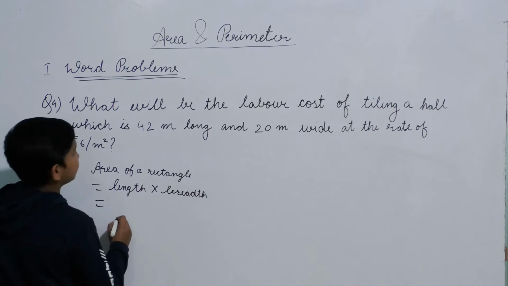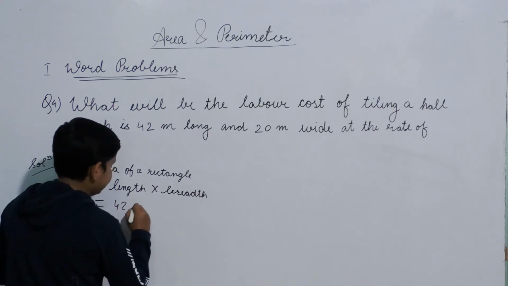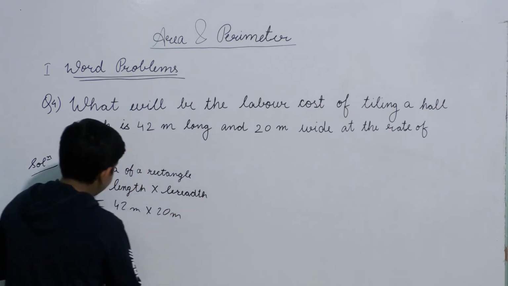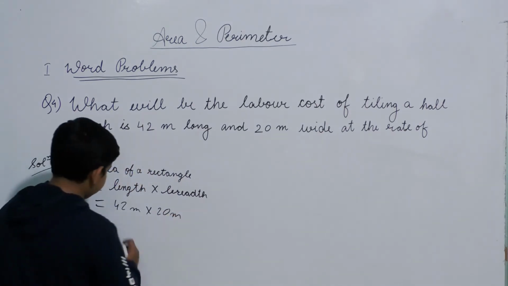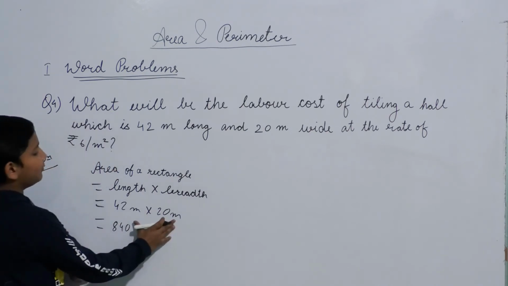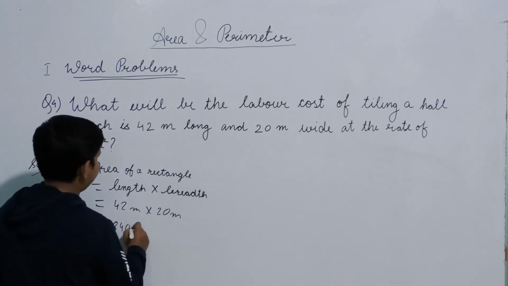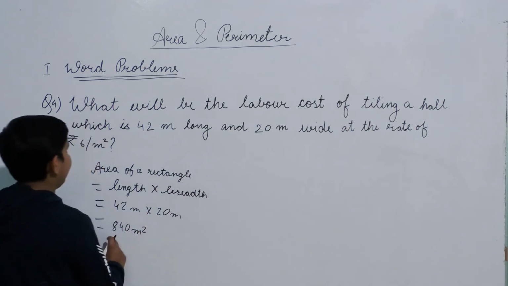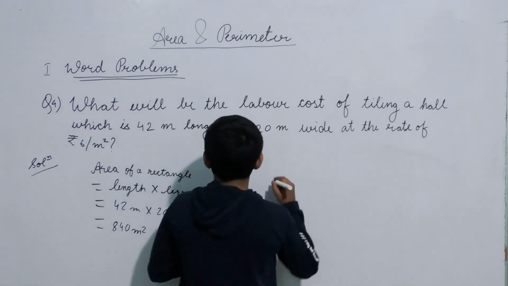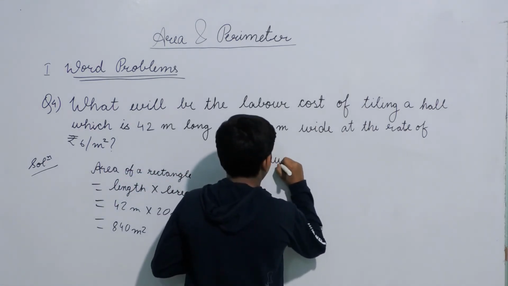We will rewrite this question as 42 meters multiplied by 20 meters. 42 into 20 is equal to 840. And because it is meters multiplied by meters, we will write it as meter square: 840 meter square.